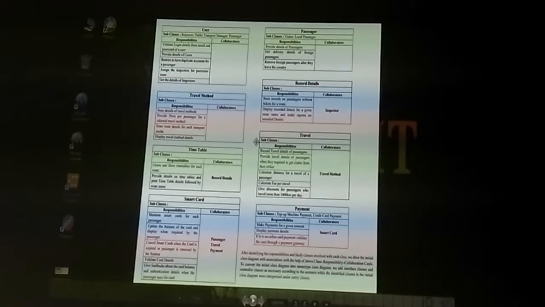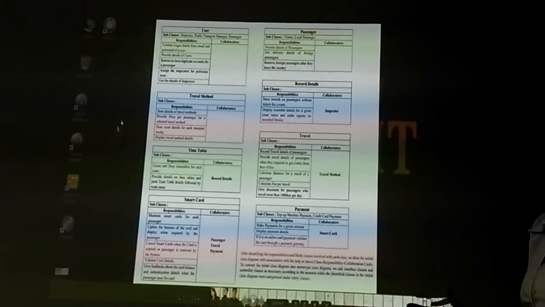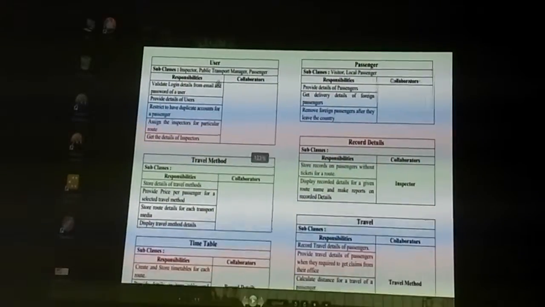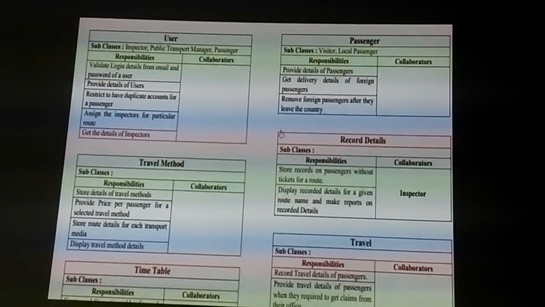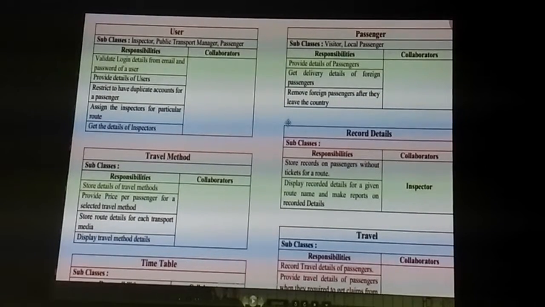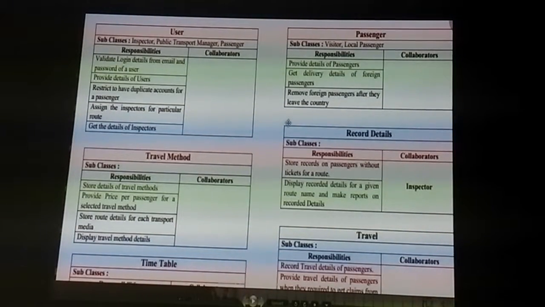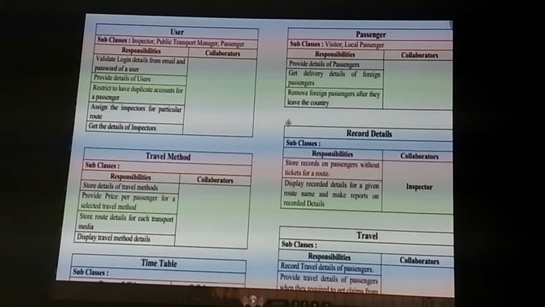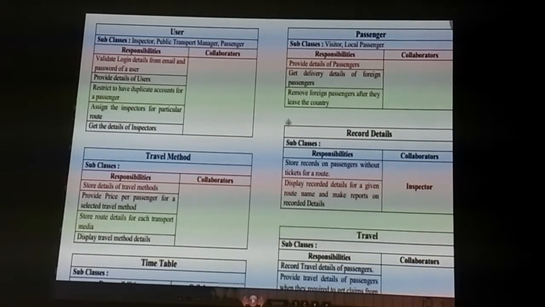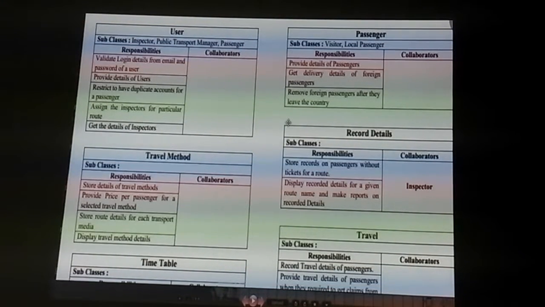After analyzing the noun-verb, we draw the CRC cards. CRC cards represent the responsibilities and collaborators of each and every class. In our system, we drew 8 major CRC cards, and for inheritance, we use CRC cards only for super classes.